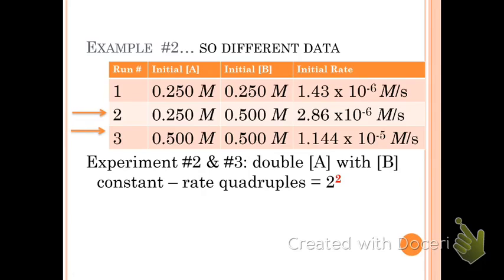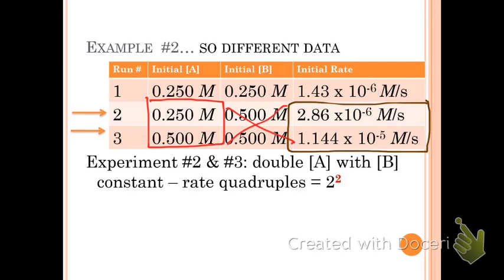In experiment 2 and experiment 3, the concentration of reactant A is going to double. The concentration of reactant B is staying the same. And that allows us to look at the rate of reaction for the 2 experiments.